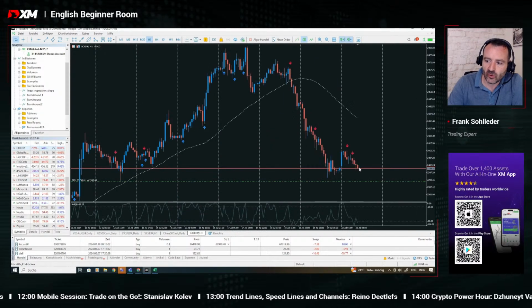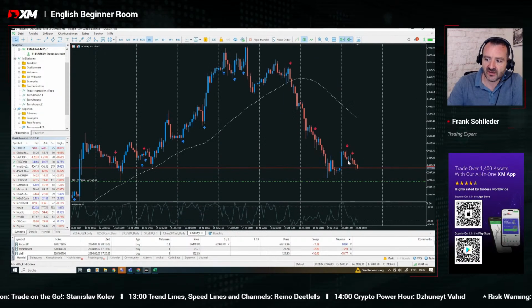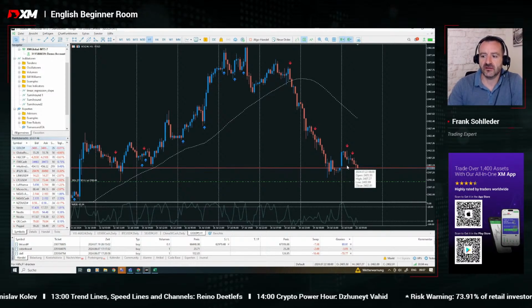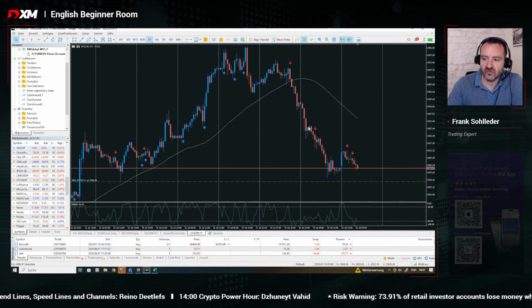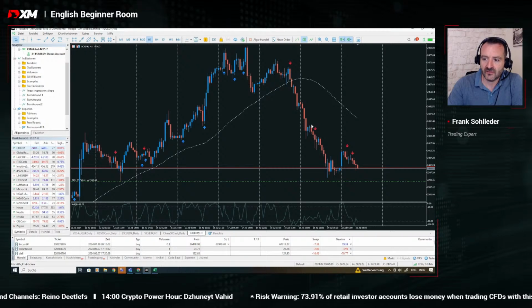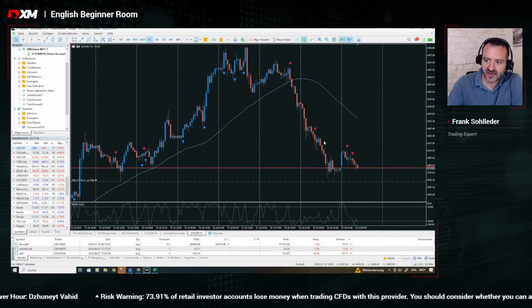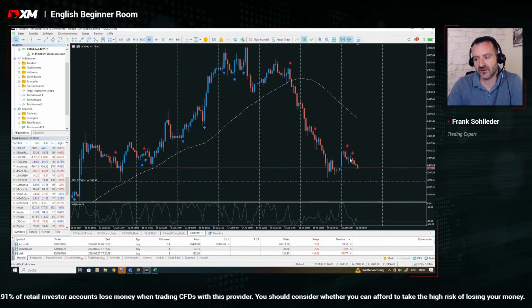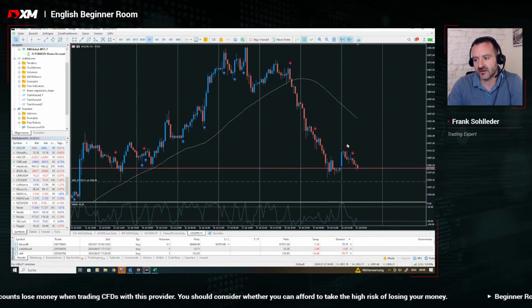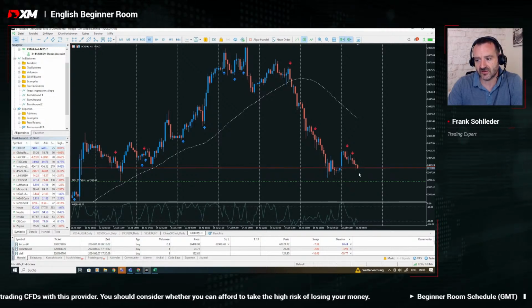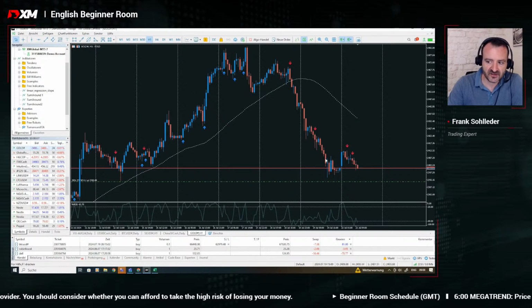So always after we see a move to the upside, like here, and then the candles are dropping again, we're getting into short signals. So we move to the upside, and then we go here to the downside. Yeah, and these are the signals that we want to wait for.